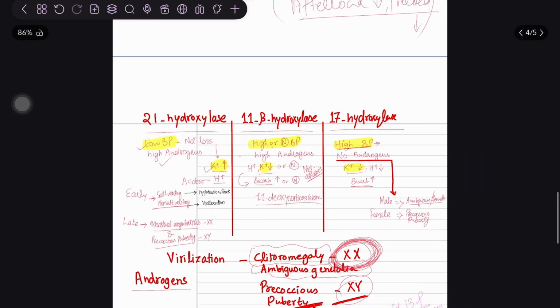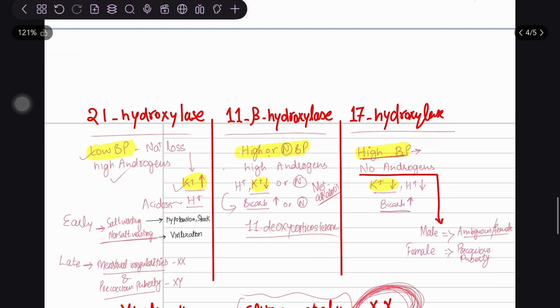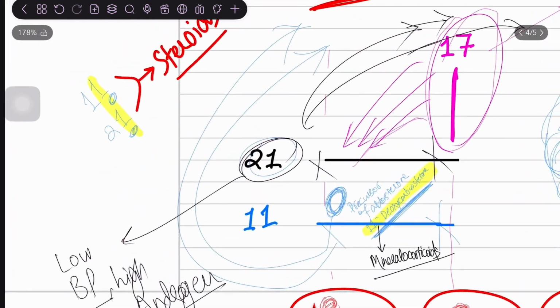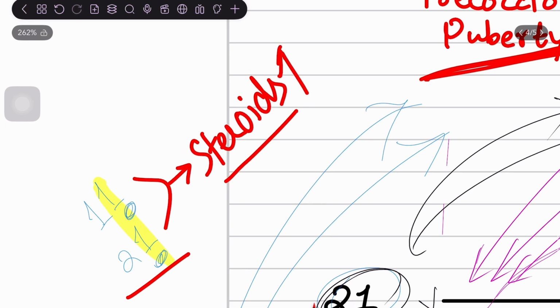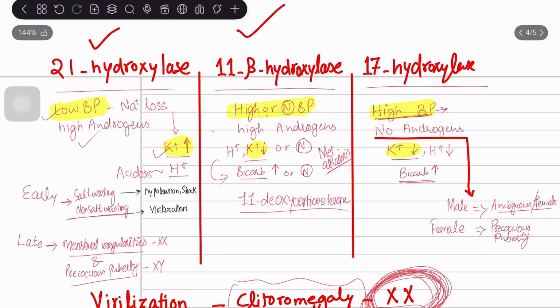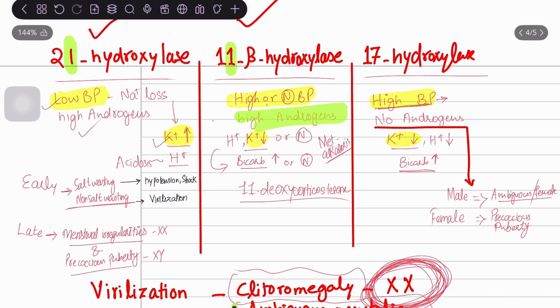So, in which diseases do we get androgens high? Do you know that? Yes, it is 21, it is 11. I've got a mnemonic for you guys. The two diseases ending in one have high androgens. This is easy, I made it easy for you. Ending in one, we got high androgens.